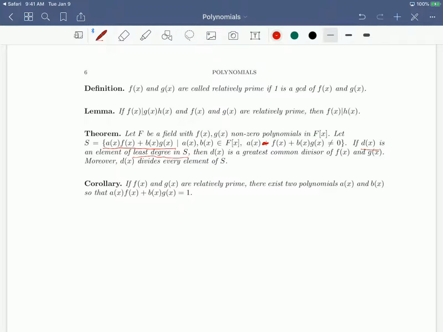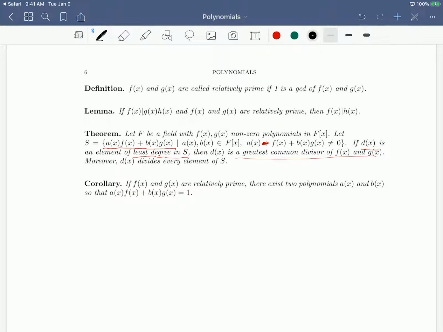If we do that, then d is a greatest common divisor of f and g. We did the same thing with the integers. In that setting, we had like am plus bn, and we took all the positive ones and chose the least out of the set and said that was the greatest common divisor. I'm going to have you look at this theorem and compare it to Chapter 1 also for homework. In Chapter 1, we did prove this theorem, and the proof here is very similar. So I'm going to go through that.